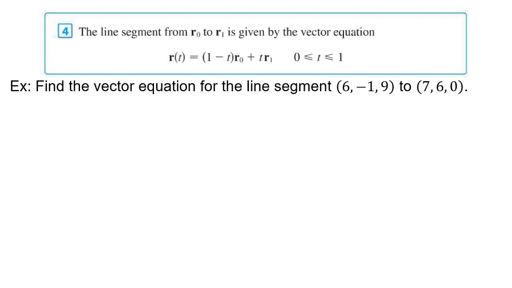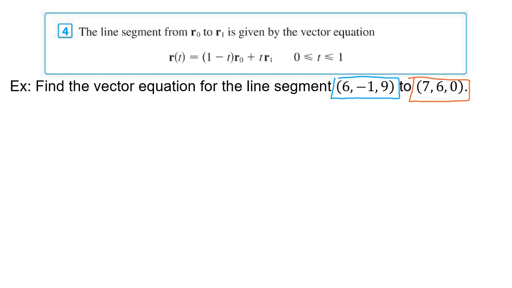Since R0 and R1 are vectors that go towards a point, we could use the two points to come up with R0 and R1. So I'm going to let one point be R0 and one point be R1. You say, well, does it matter which one's which? Officially, no. But if you do it backwards of the way that I'll do it, your line might look different.